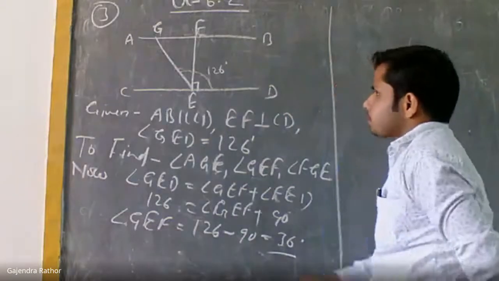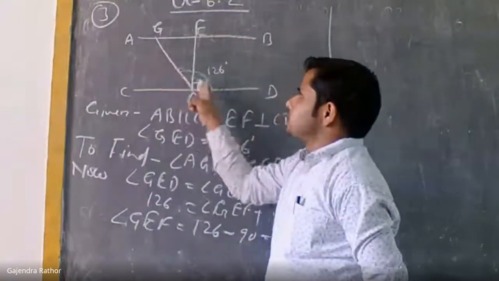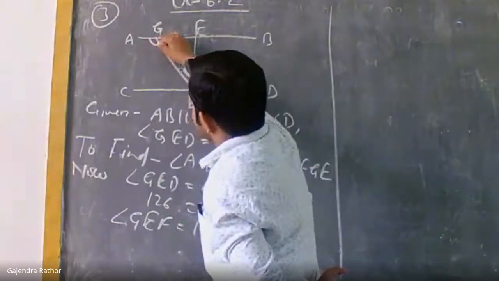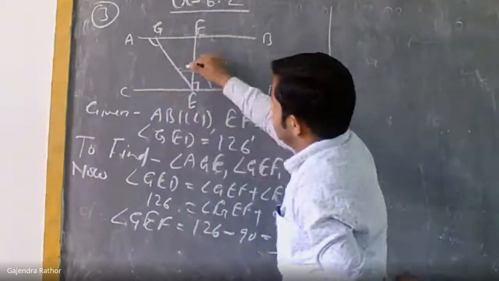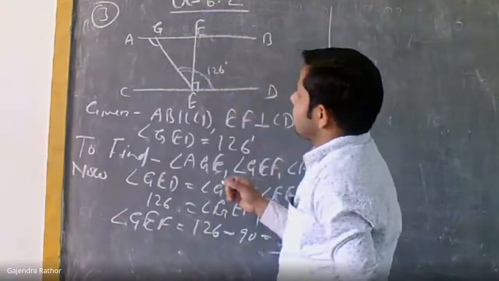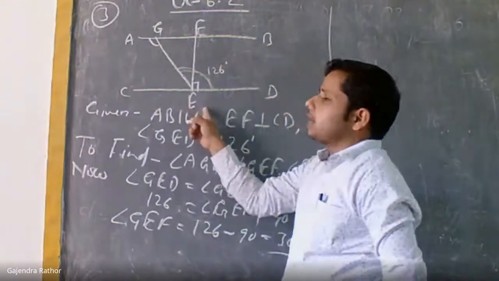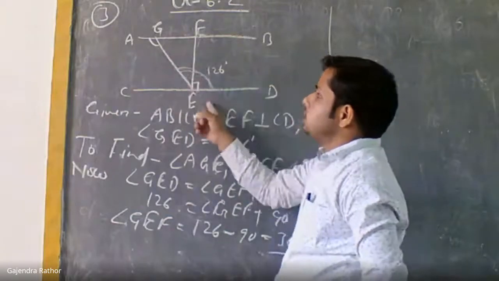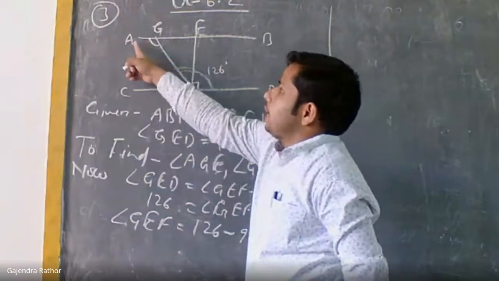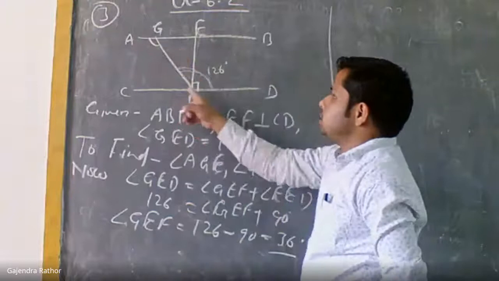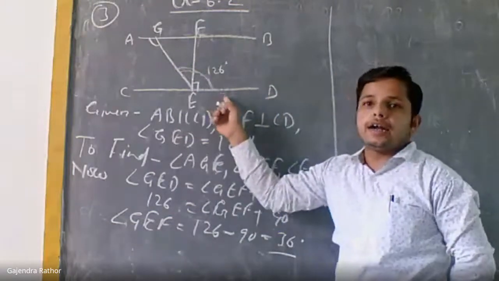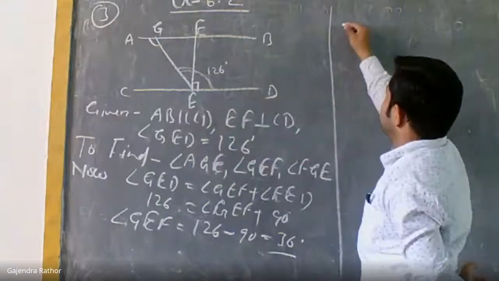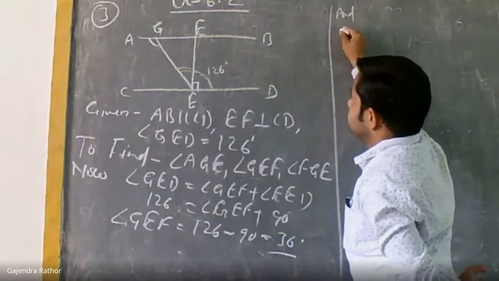Come again. Both lines are parallel, AB parallel CD. Now, EG is the transversal of these two lines AB and CD. So, AGE and GED are alternate interior angles, so they will also be equal.